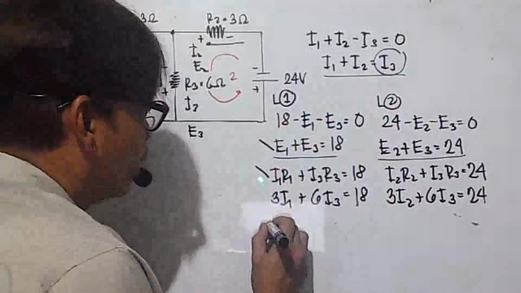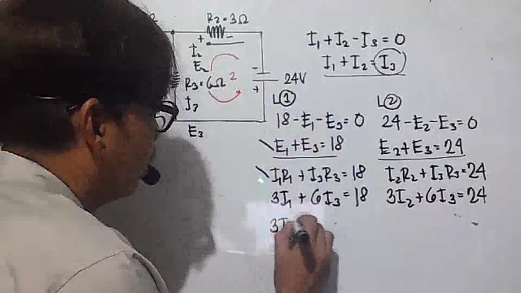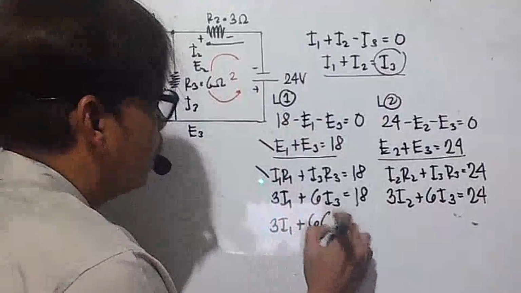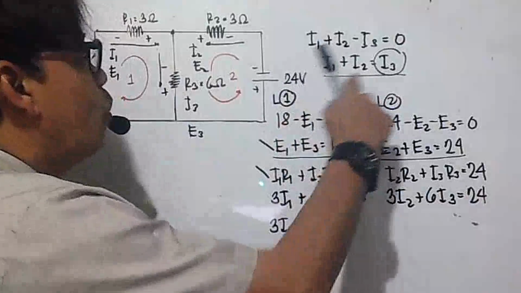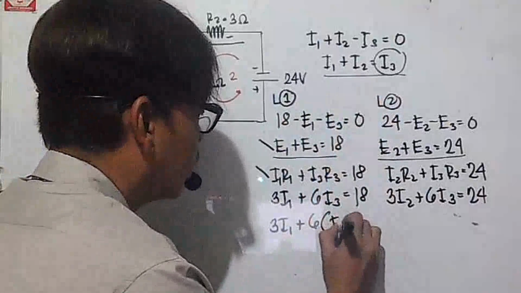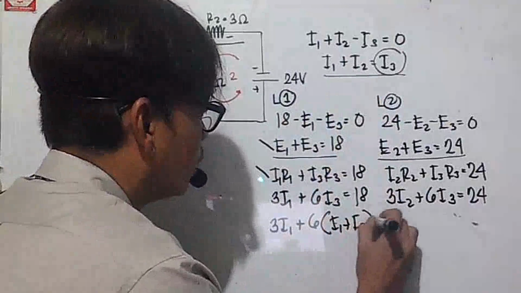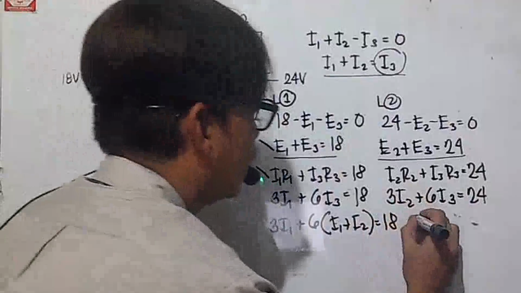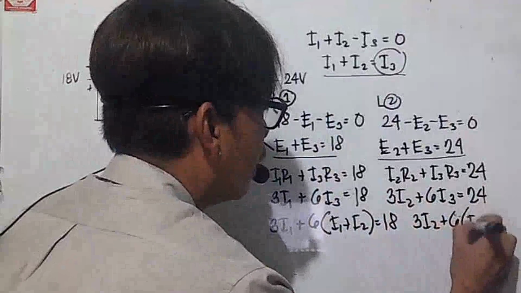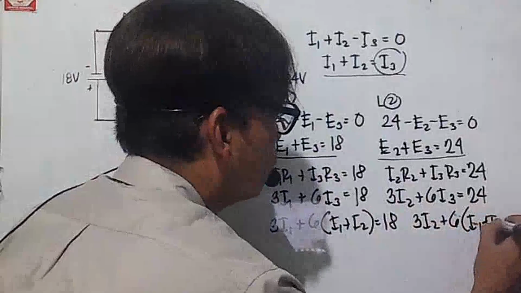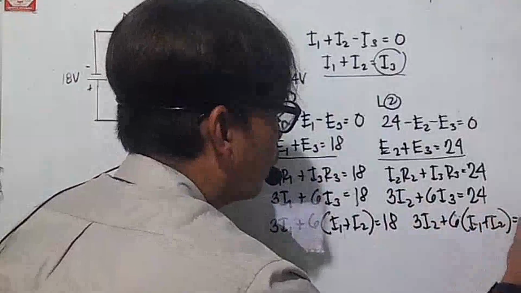So here we get 3 I1 plus 6 multiplied by your I3, which will be changed, or we're going to substitute I3 to I1 plus I2. So that is I1 plus I2 is equal to 18. And here it is 3 I2 plus 6 multiplied by I1 plus I2 is equal to 24.